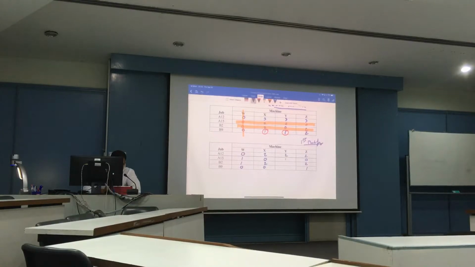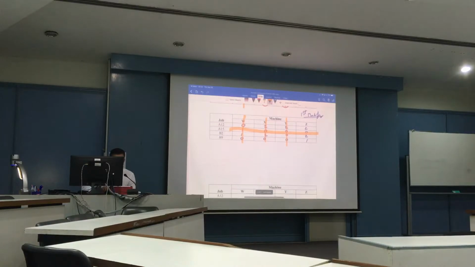So draw the line: 1, 2, 3, 4. You can use all 4 vertical, but I don't like that. So then we have the optimal solution.